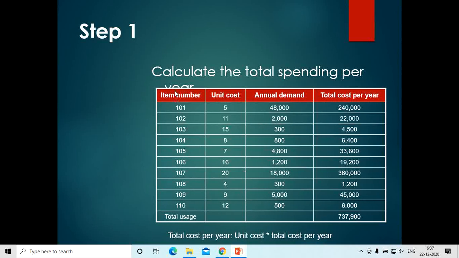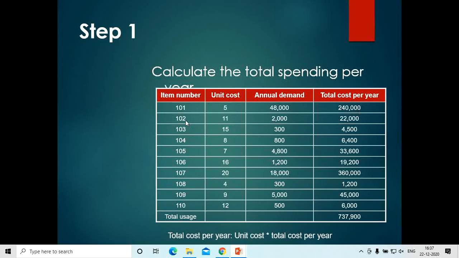If I take the item number in the first column and unit cost in the second column, the question gives that 101 has unit cost as 5 rupees and annual demand as 48,000. From the formula of cost per year, unit cost multiplied by annual demand, which is 5 multiplied by 48,000, I get the total cost per year for item 101, that is 2,40,000.